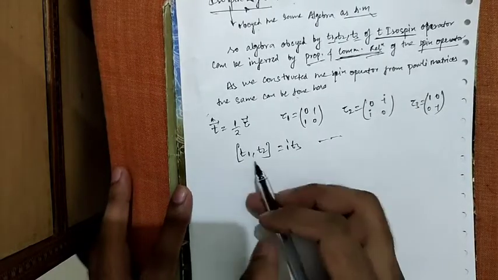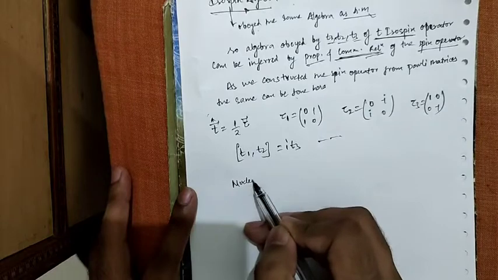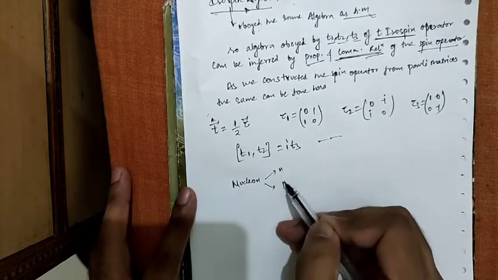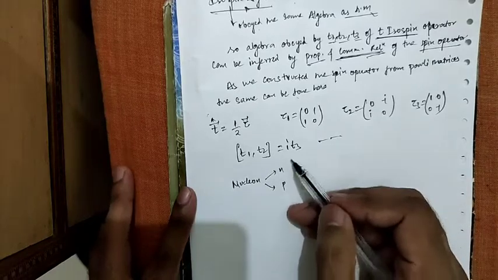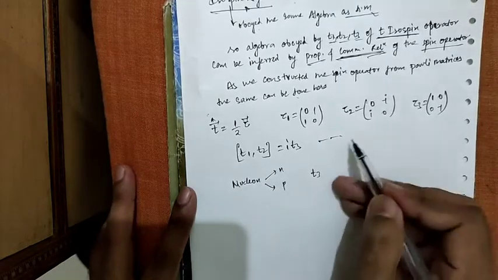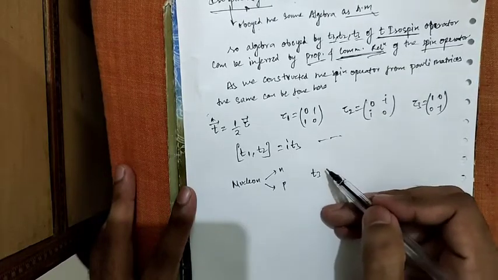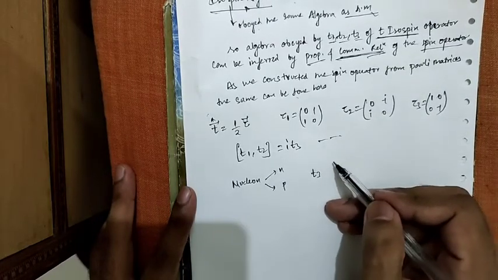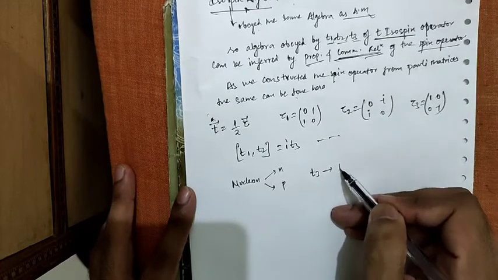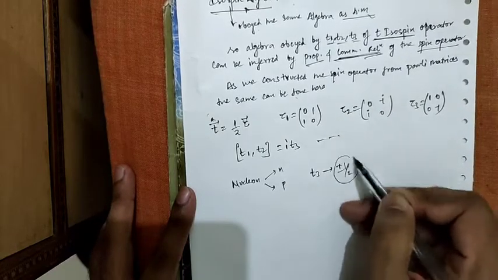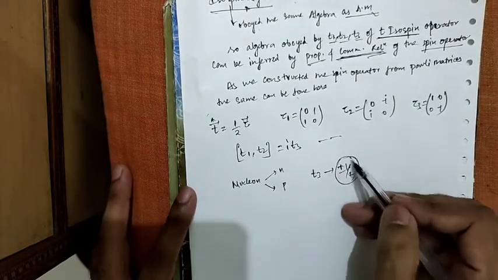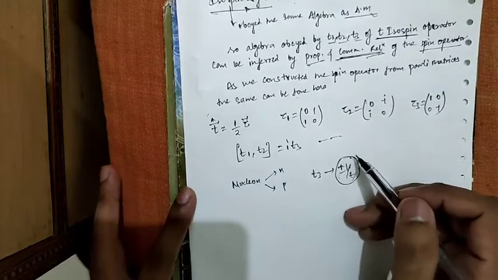We know that the nucleon exists in two states, either neutron or proton. So when T3, the third component of the isospin, acts on the nucleon, it gives us the eigenvalue plus or minus half. By convention, plus half is for proton and minus half is for neutron.